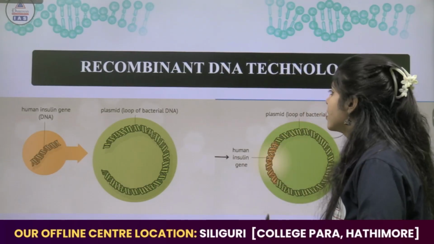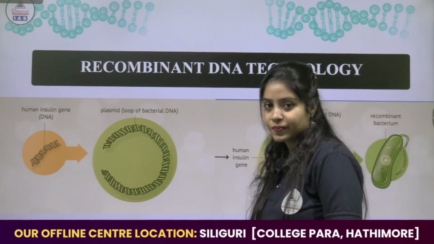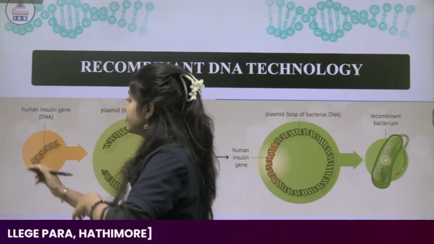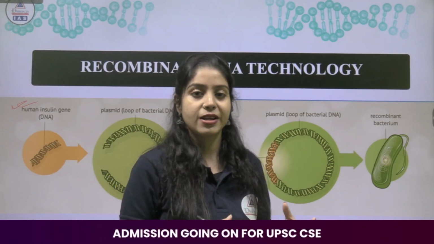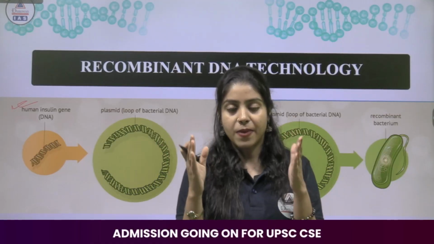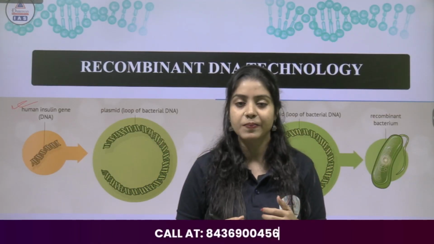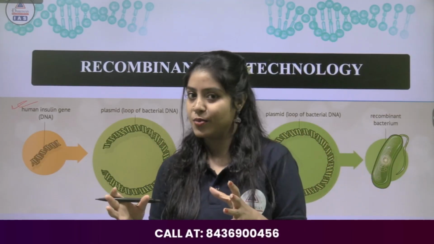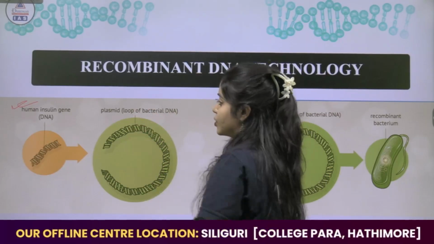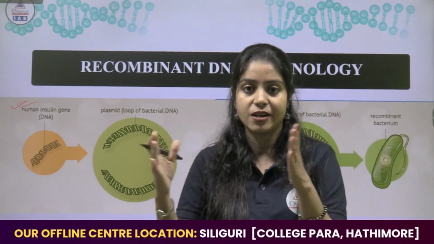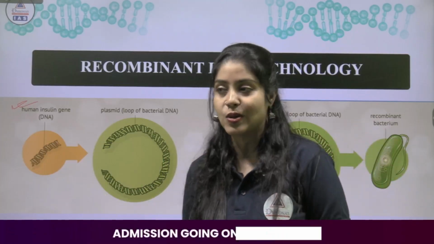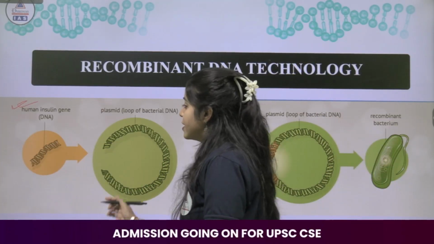So, recombinant DNA technology. As you can see, I have taken the human insulin gene, which is a part of our human DNA and codes for the insulin hormone. This is the first hormone synthesized by this recombinant DNA technology, or rDNA technology.